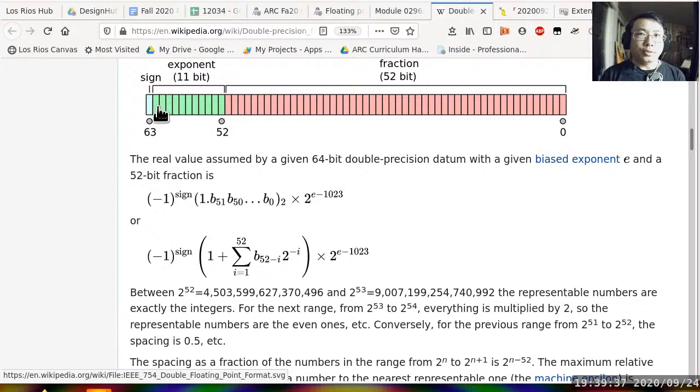But the actual power of 2 that we multiply to the mantissa is E minus 1023. So 1023 is the bias of the biased exponent. Are we still doing okay so far with this explanation?